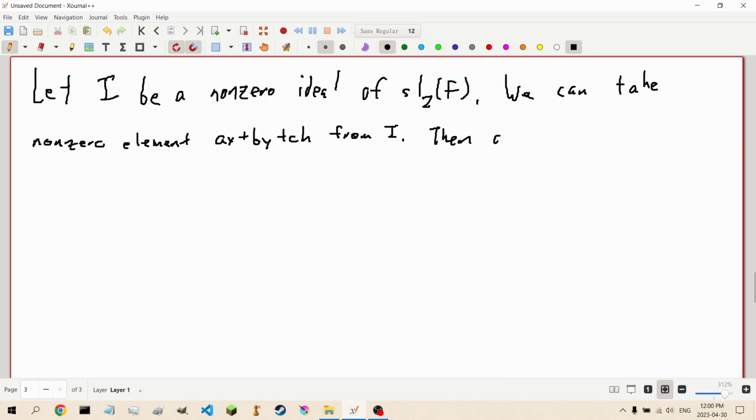Then the adjoint of X on AX plus BY plus CH is going to give us, recall, the bracket of x and x is going to be 0, so our first term is 0. The bracket of x and y is h, so this is going to give us bh. And the bracket of x and h is going to give us negative 2x, so it's negative 2cx.